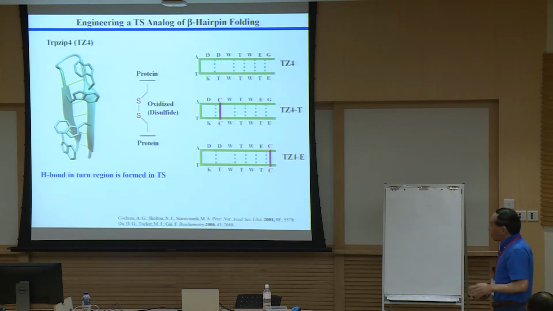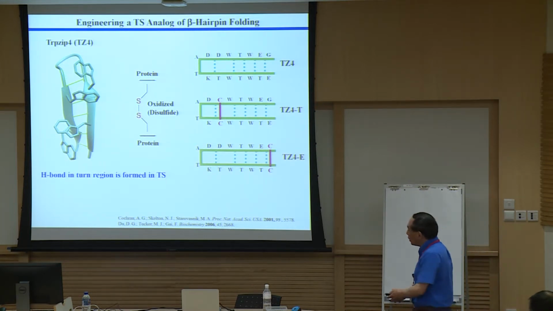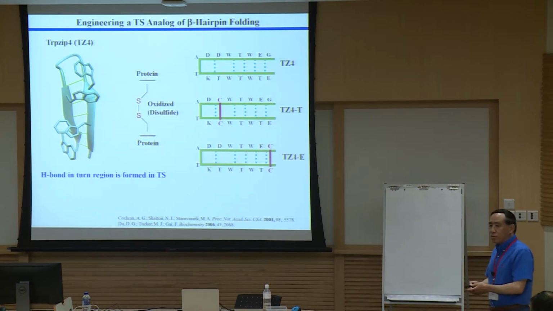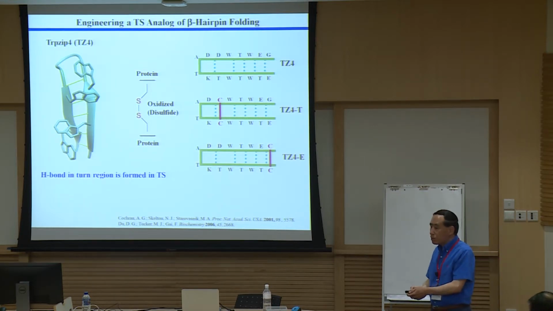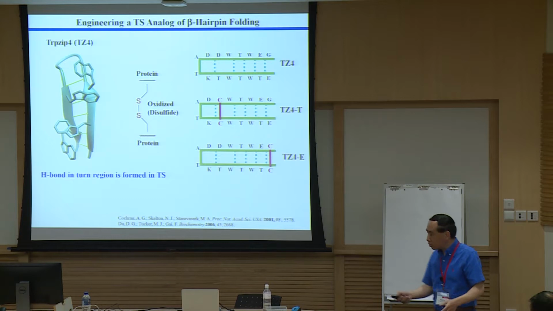So another example we are very fond of is a different protein secondary structure element, that is the beta hairpin. Proteins contain either alpha, beta, or a mixture, right?